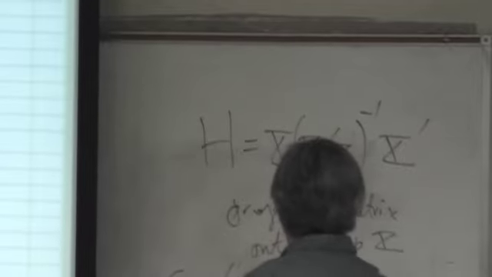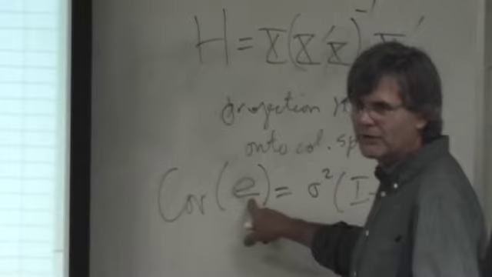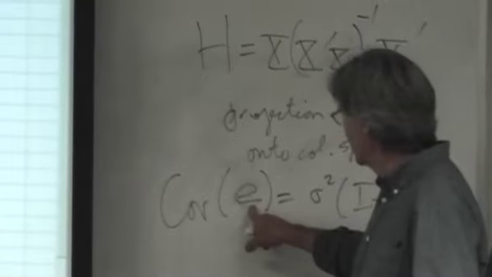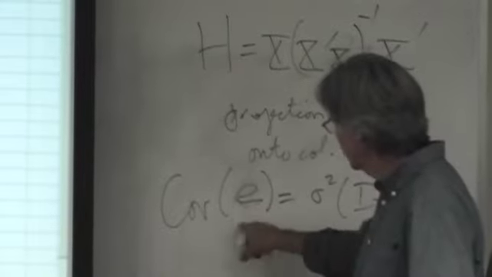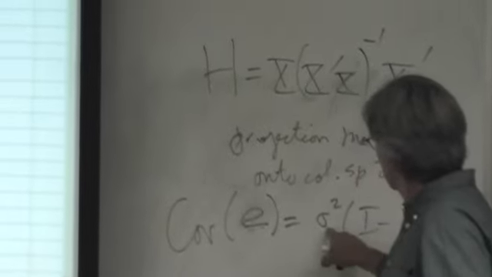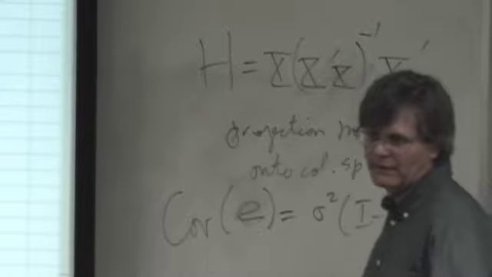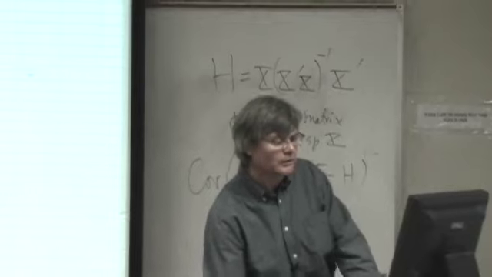What we said was that the variance covariance matrix of the error vector, the vector of residuals, is equal to sigma squared times I minus H. So if I want the variance of a single residual, since it's the variance covariance matrix, the variances will be in the diagonal, and I take the corresponding diagonal element of this matrix. The diagonal element is sigma squared times 1 minus HII. And so the variance is sigma squared times 1 minus HII.